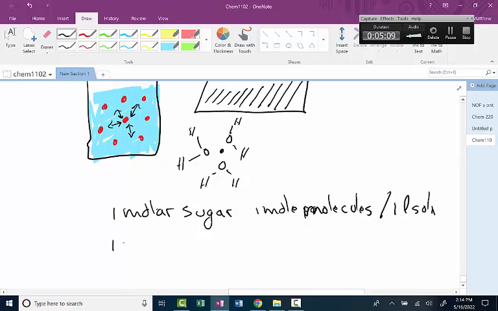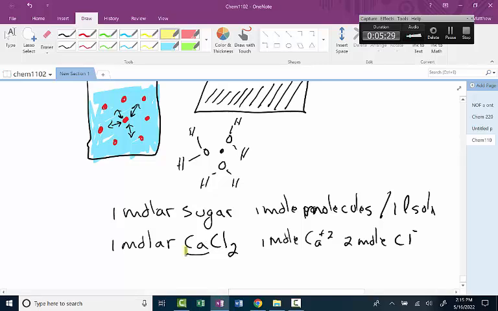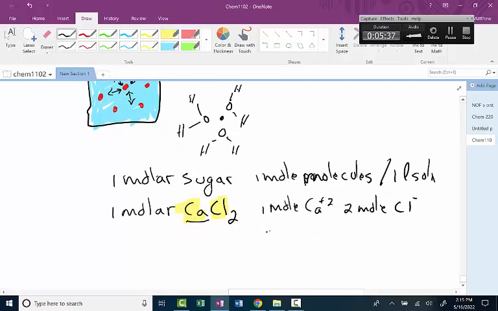But if I have 1 molar calcium chloride, which is what they do use to melt ice, I get 1 mole of calcium and 2 moles of chloride. Remember what this is. It's a calcium 2+ ion and 2 chloride 1- ions. And so the total number of moles of ions I get over here is 3 moles of ions, and it doesn't matter what the identity is. It only matters how many moles of things that you get, and 3 moles is way greater than 1 mole.